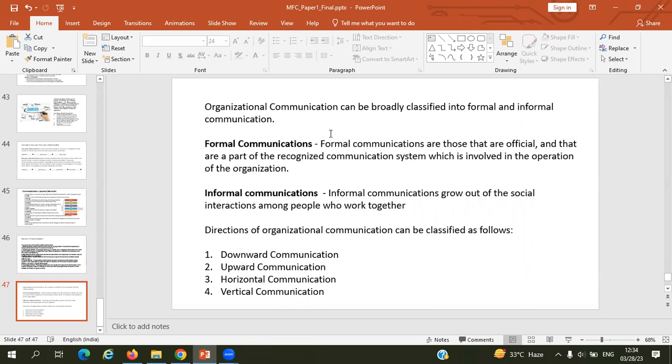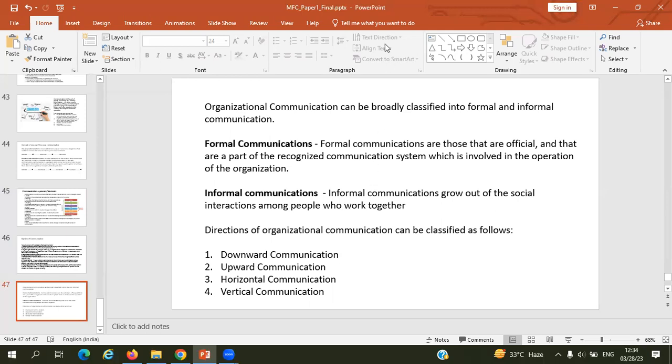Suppose you are writing a letter to your boss, to your manager, to your supervisor, and your supervisor is giving instruction to the team member through email or through some message. That is formal communication because that is related to work. And you are using the formal communication media that is accepted in your organization.